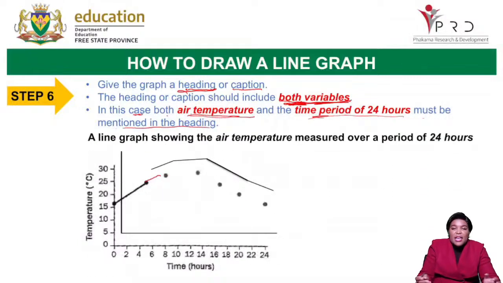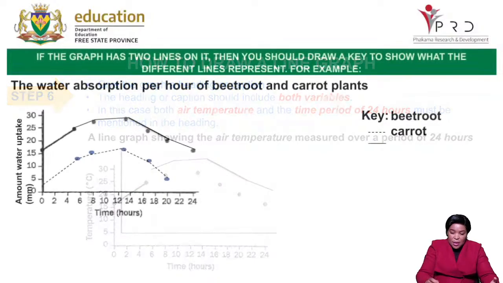So your heading will be something like this: this is a line graph showing the air temperature measured over a period of 24 hours. Then you know that when it was 4 hours, the air temperature was this much. You will be able to get that information from the graph. Let's say 20, 22 maybe. You see, you are able to interpret the graph because you have the 2 variables in your heading. So make sure that your heading has 2 variables.